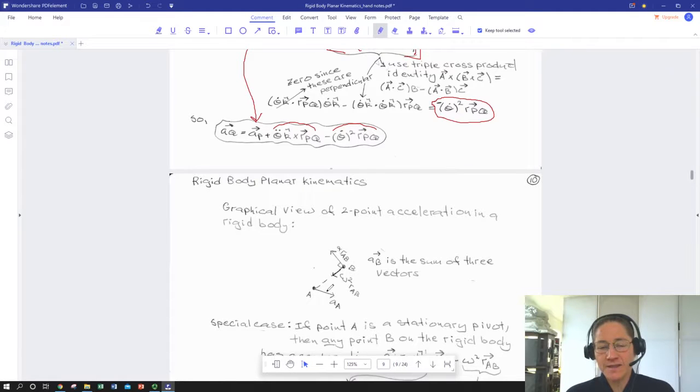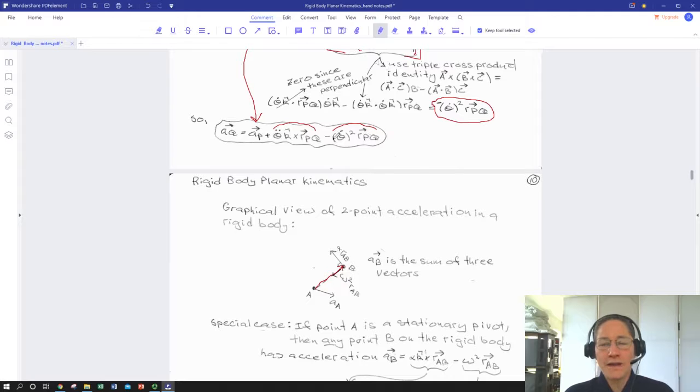And so its acceleration vector is pointing off in this direction. If we look at a dotted line between A and B, this would be like RPQ. So we know the acceleration of A, we don't know the acceleration of B, so our RPQ would be effectively RAB here. So it's going in this direction.